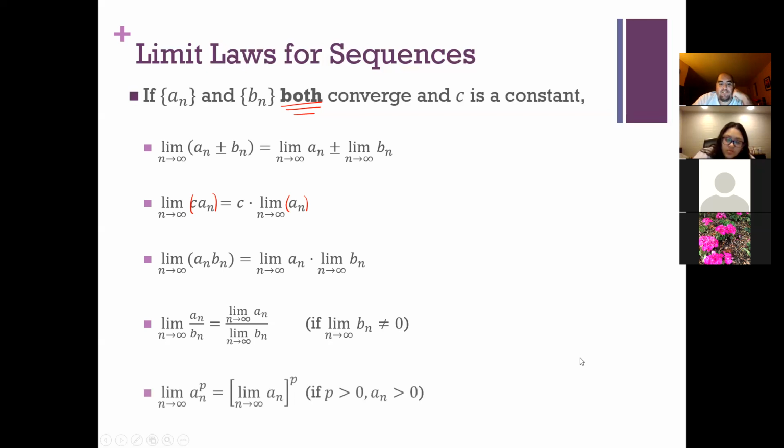And finally, powers. So long as p is some positive number and this limit is positive, so both those things have to be positive, then the limit of the pth power of the sequence is equal to the pth power of the limit of the base sequence.